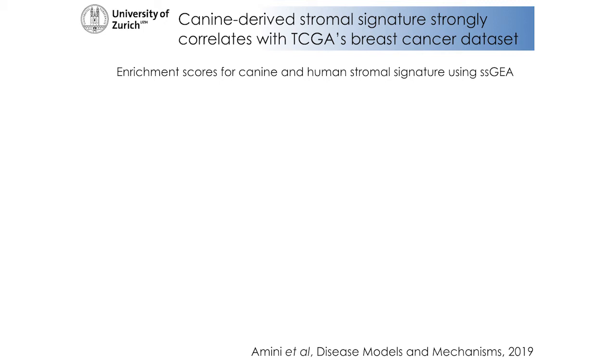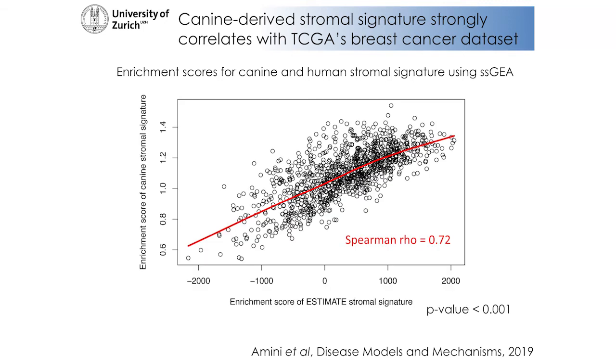So as I told you earlier, these represent a mix of tumor and stromal cells. Therefore, we first had to rank these tumors according to their stromal content, using a stromal signature called ESTIMATE. You can see this along the x-axis. So the tumors on the left are the ones with very little stroma, and the ones on the right contain a lot of stroma.